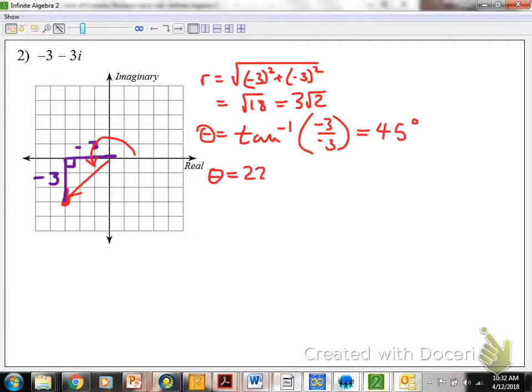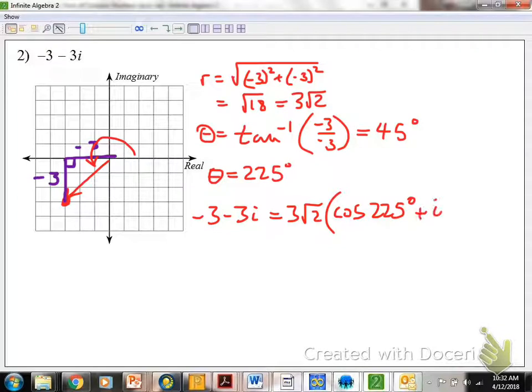So theta is 225 degrees. And my complex number, negative 3 minus 3i, equals the radius times the cosine of 225 degrees plus i times the sine of 225 degrees.